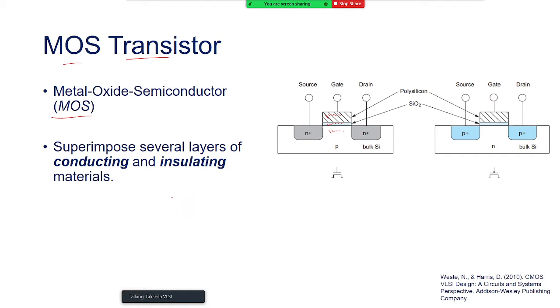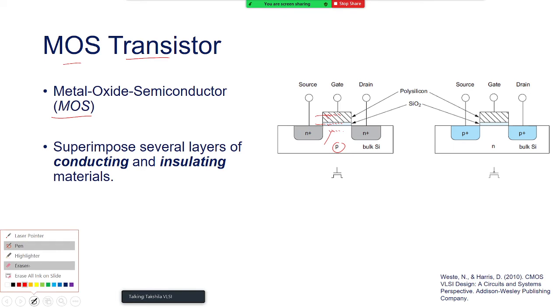And we know that it is fabricated or designed by superimposing several layers of conducting and insulating materials. So where are the conducting layers? We know that the metal is conductive, SiO2 is insulator, and semiconductor is in the bottom. So it's basically a combination of conductor, insulator and semiconductor.